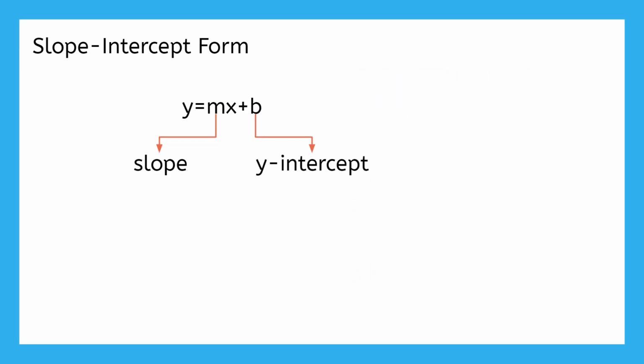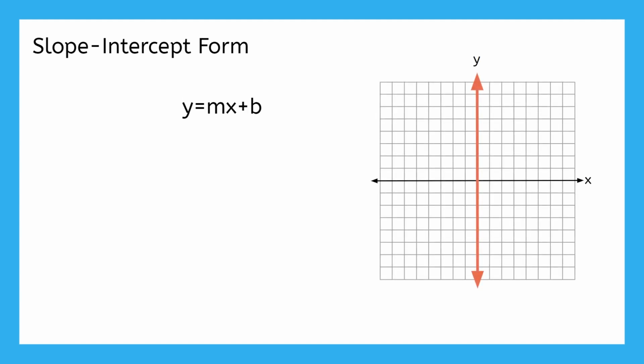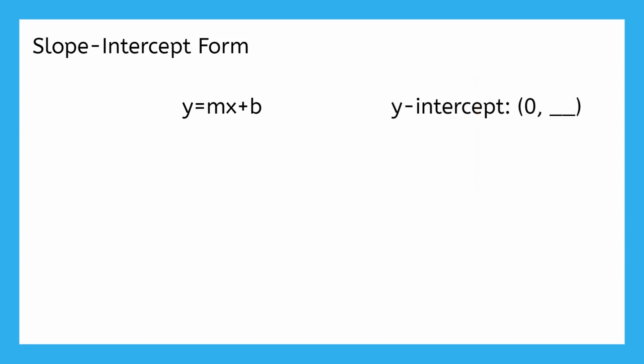We can actually show why this is true using algebra. So the y-intercept has to be on the y-axis. And what do you know about the coordinates of the points that are on the y-axis? Yeah, their x-coordinate has to be 0, which tells us that all y-intercepts look like 0, something.